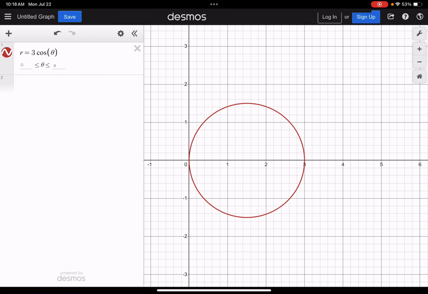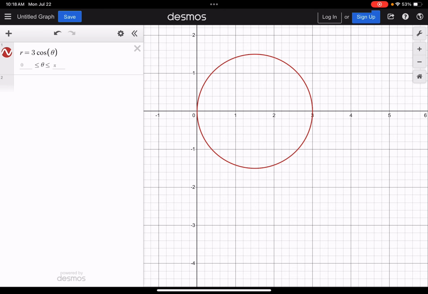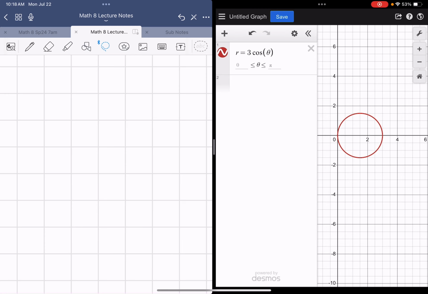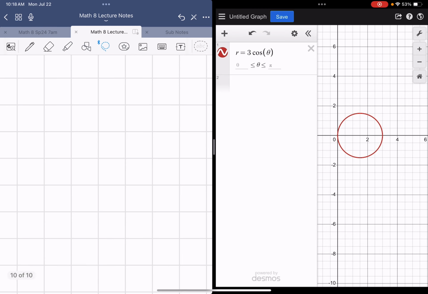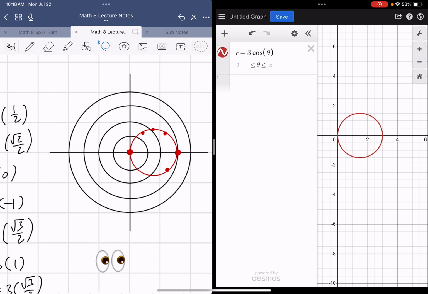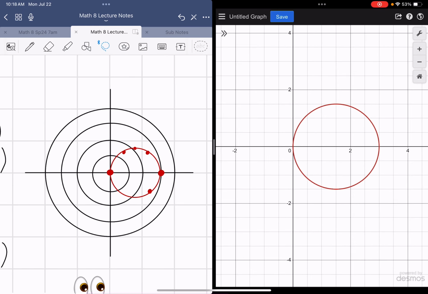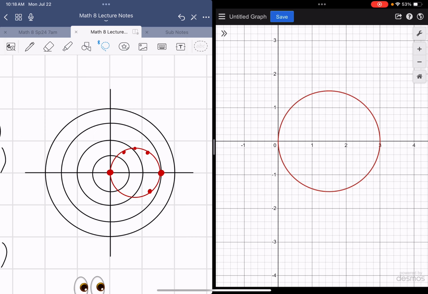And if you notice, that circle goes up to 3 on the right side, and that's exactly what we graphed. If we're looking, the exact graph we have is 3. You can see the 3 on this part here is 3, and the same on that graph.